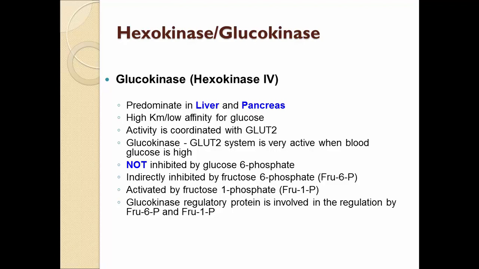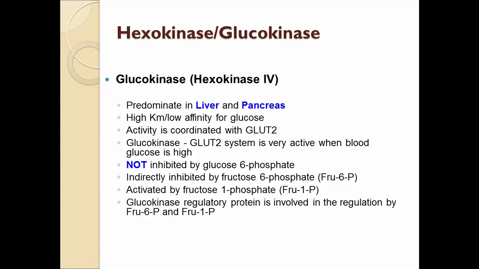And glucokinase, again, is more predominant in the liver and pancreas, and has a high Km and low affinity for glucose, and is usually coupled with GLUT2, which also makes sense, right? Liver and beta cells usually have higher GLUT2, so GLUT2 activity is coordinated with glucokinase.